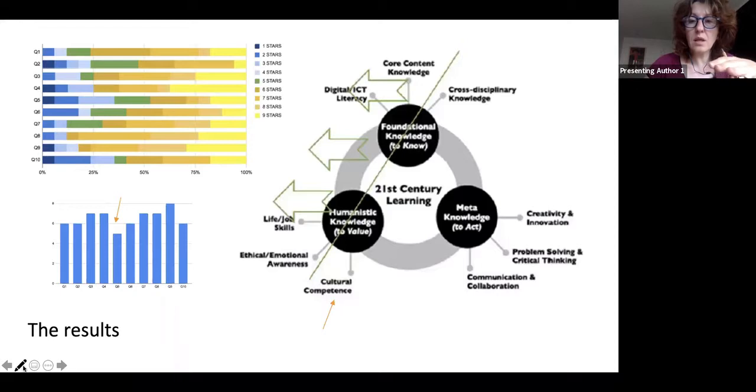And maybe the skill, this is the orange arrow pointing here, so all other skills are above half, so I mean, they really got a lot there. But the one that is sitting maybe in the middle of all is cultural competence.